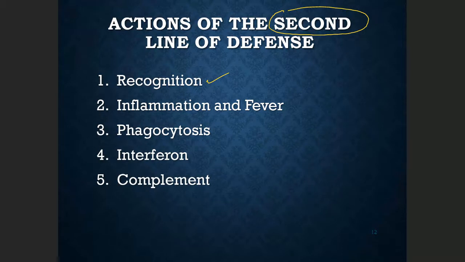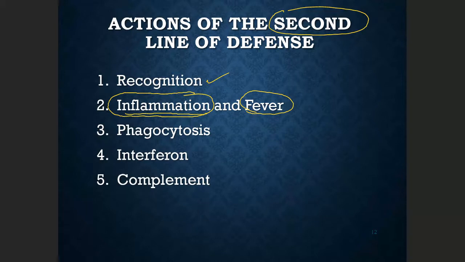After that, the first process is called inflammation. Whenever we have damage or infection, that site usually becomes inflamed, because this is the first response of the second line of defense, the inflammatory response. Sometimes it is also accompanied with fever, a higher body temperature.